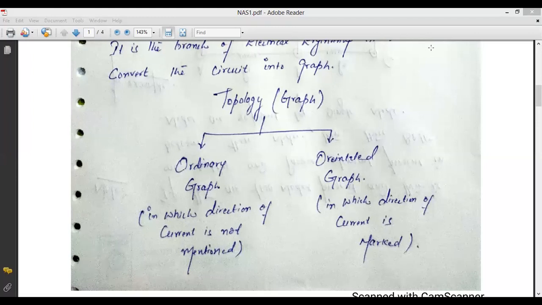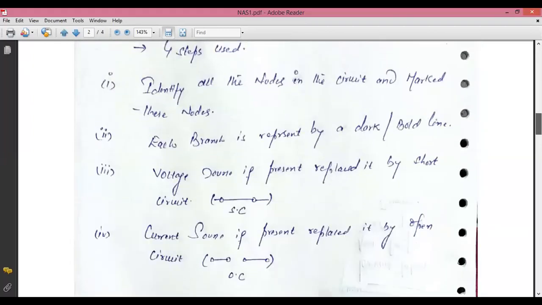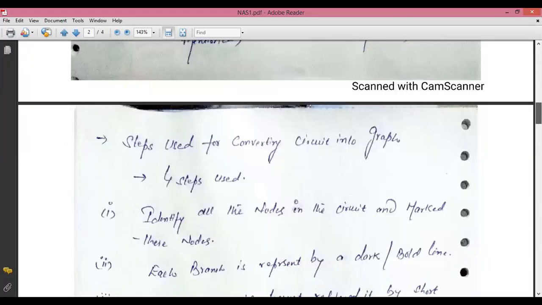Now, coming to the next part, what are the various steps that we can use for converting the circuit into the graph? For converting a particular circuit into the graph, we are taking 4 steps into consideration.